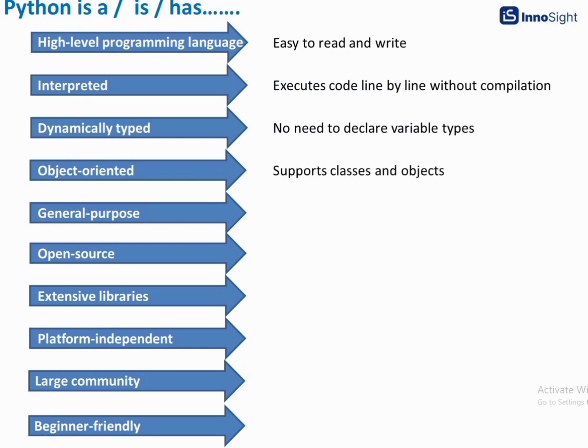Then the next one, we said Python is object oriented. You might not be able to grasp the concept, because this is an advanced Python term, but I'll try to explain it.